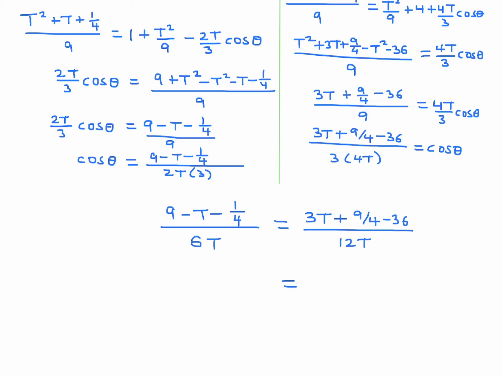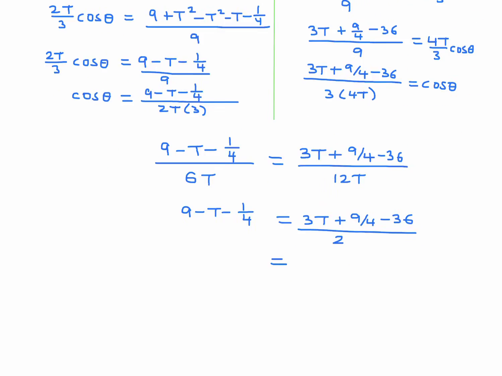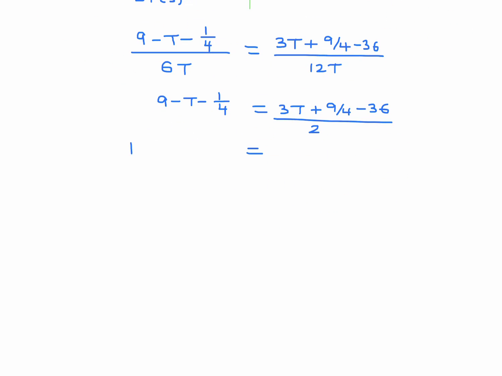So the 6t and the 12t just leave a 2. So it's basically going to be 9 minus t minus a quarter, 3t plus 9 over 4 minus 36, and then just a 2. Cross multiply, and you'll get 18 minus 2t minus a half, 3t plus 9 over 4 minus 36.